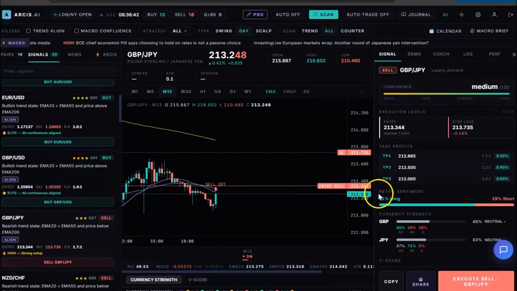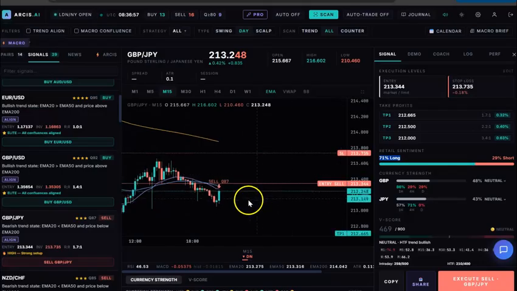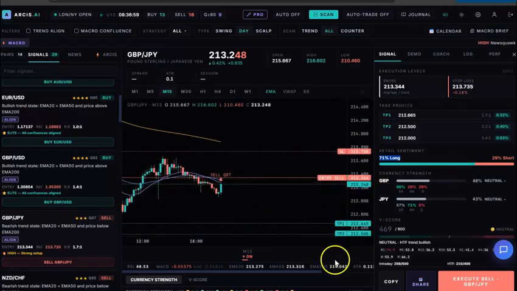What we can see here, this is a good indicator that we are likely to see the British pound Japanese yen sell off. Retail is heavily long this pair, so the smart money will likely be doing the opposite of what retail is doing.